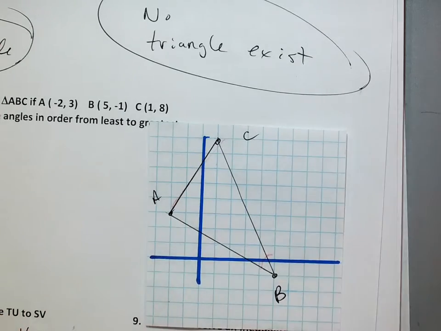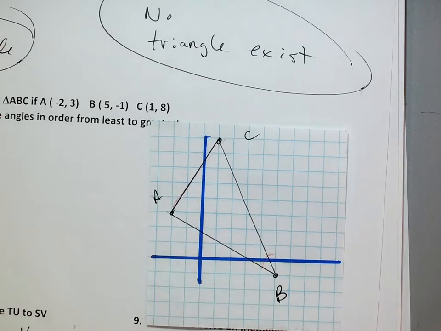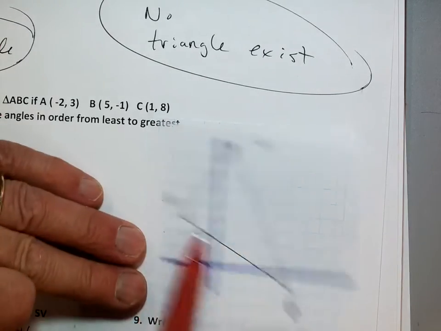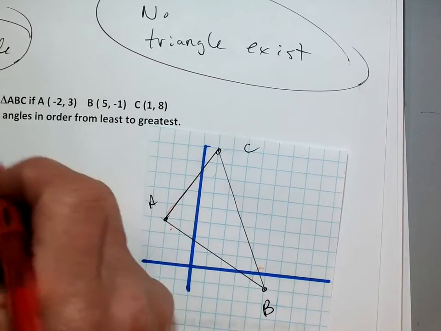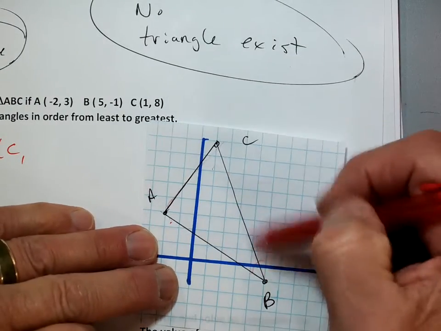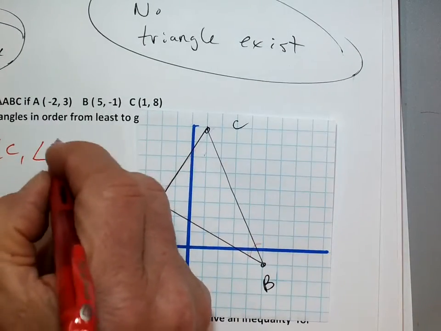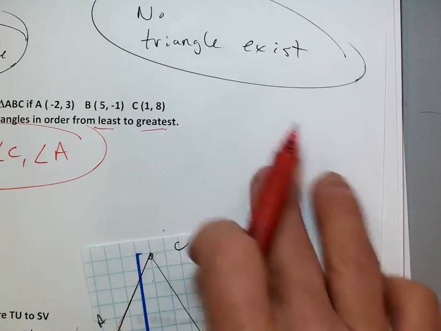So angle B is the smallest, in order. Angle B. Then, this is the next biggest side, so angle C is the next biggest. And then finally, the largest angle is angle A, which is opposite the largest side. Okay, that's all you got to do, is just list them from least to greatest, the angles, okay?